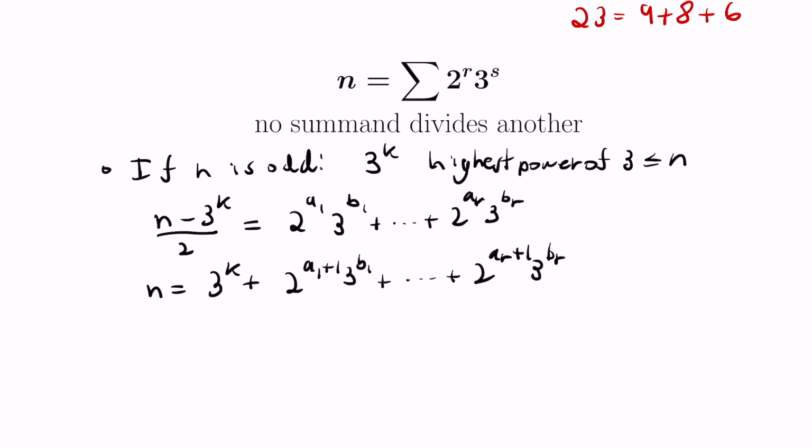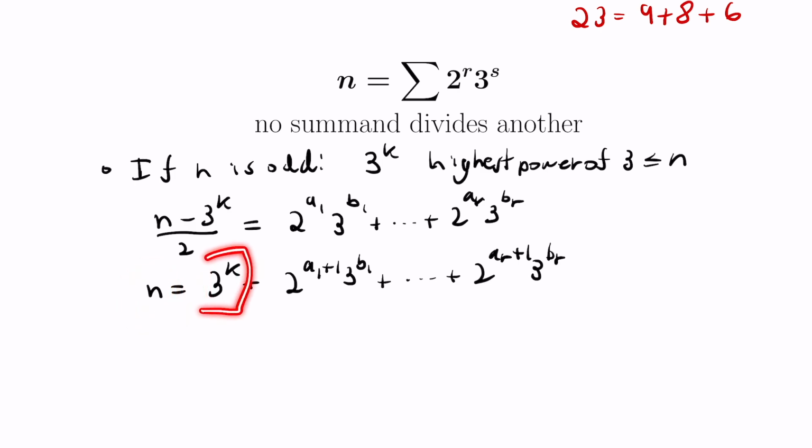Now if we look at this situation, because none of these summands divided each other, none of these divide each other, because we just multiplied every single one of them by 2 like we did in the even case. But now we only have one more summand for n, and it's this power of 3.